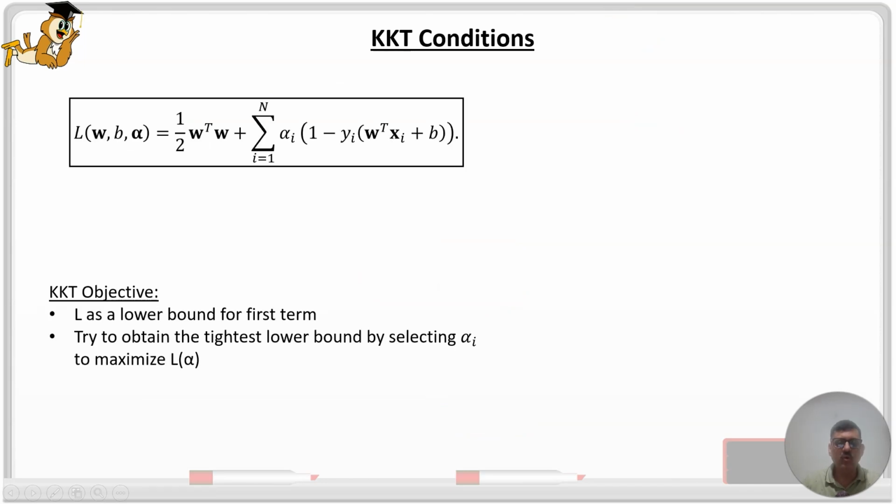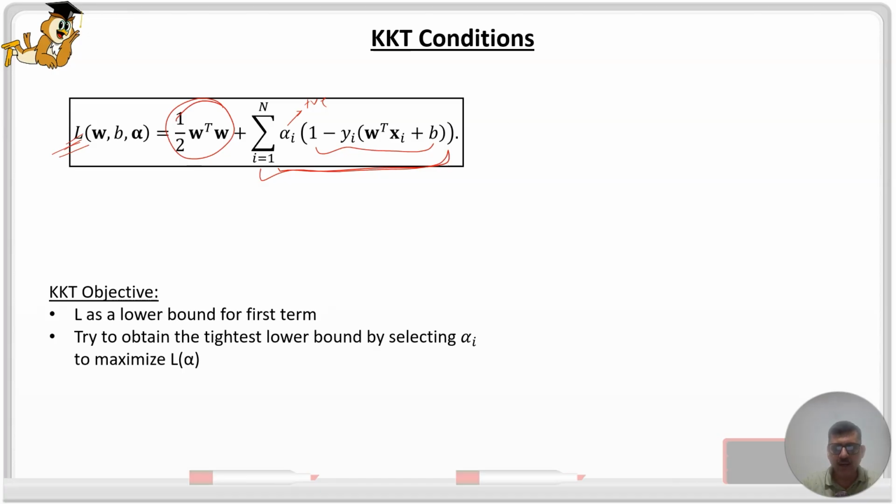Okay, now let's go to the second and the third KKT conditions. As I just said, L, the Lagrangian, is a lower bound for the first term, because remember this is always positive, and this we said was always less than or equal to 0. So together this is going to be negative, and therefore L is a lower bound on this, right?